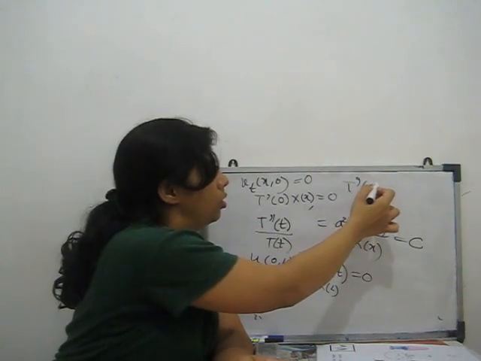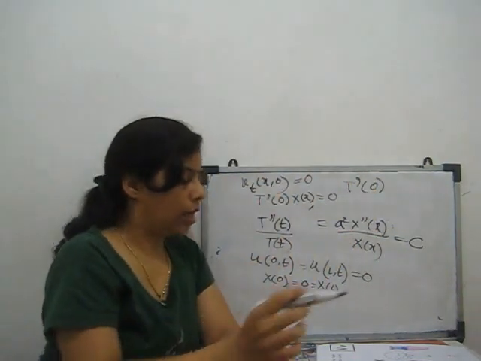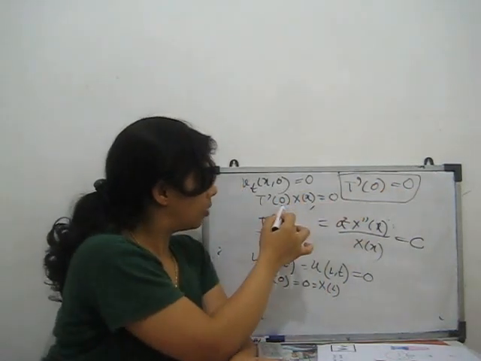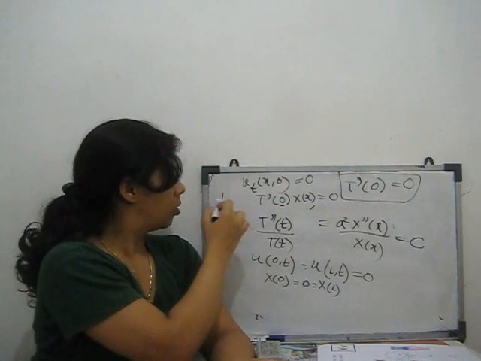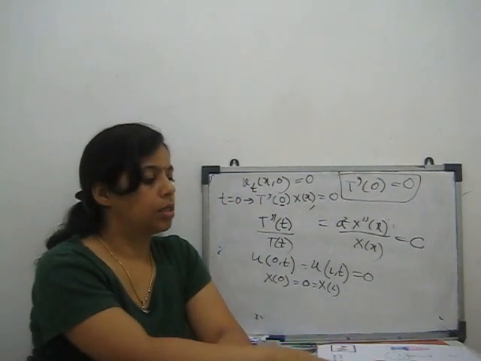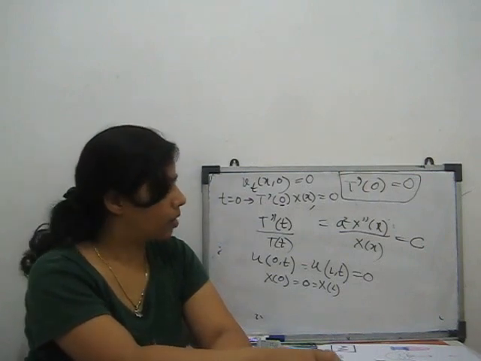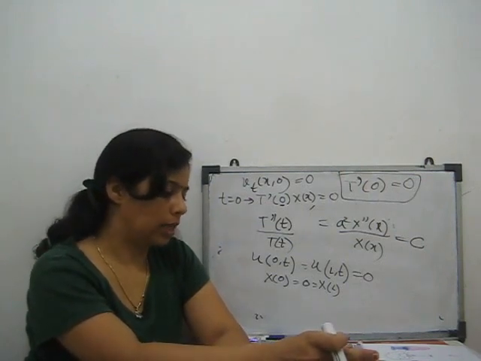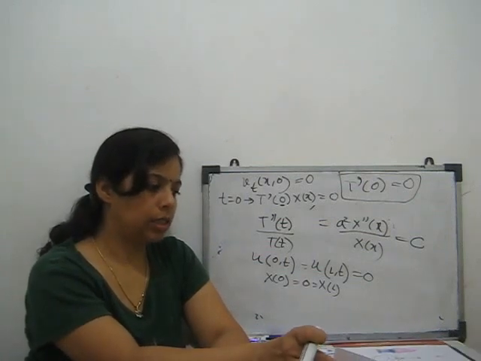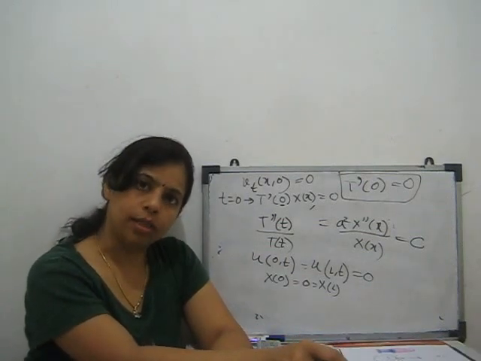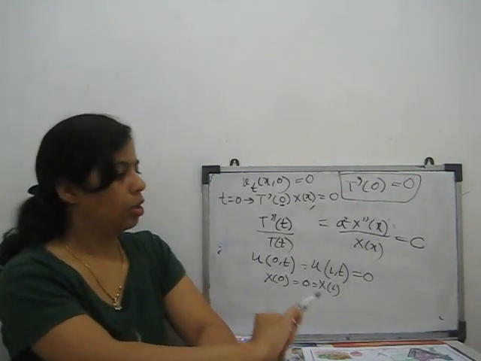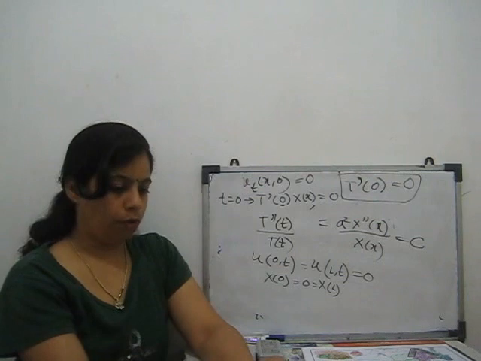T dash 0 equal to 0 at t equal to 0. Clear? So this condition we can use again further when we have to derive T dash. Now next we go for the next condition, when u(x,0) equal to f(x), meaning its value equals some function. So now we go for that.